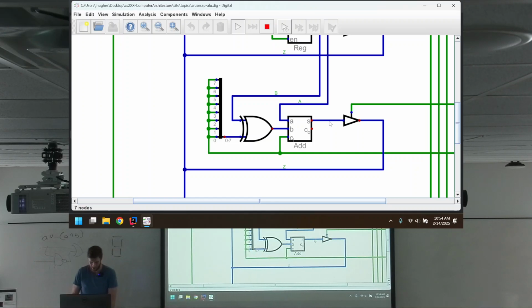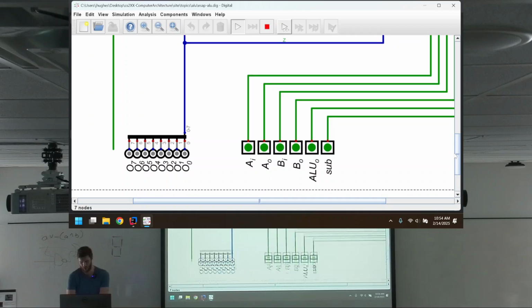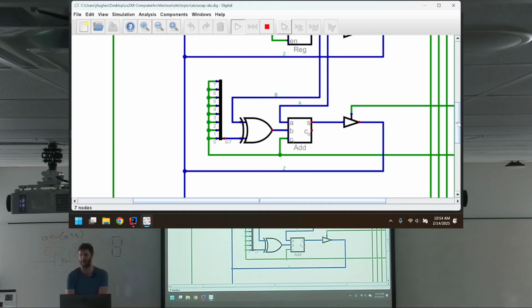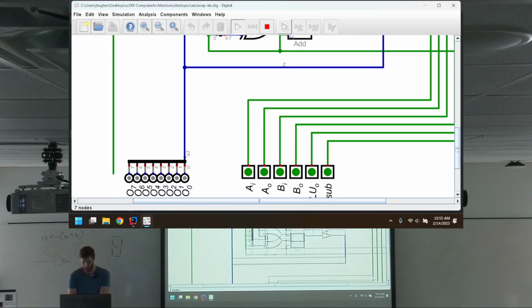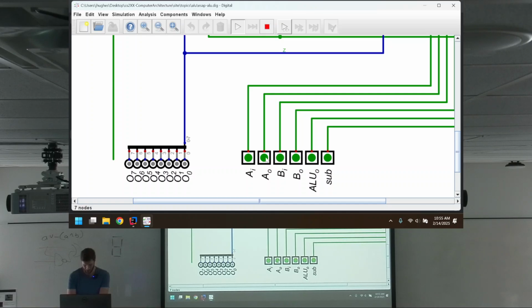Cool. All right, so now, what do I want to do? Well, we clearly see that A and B are 10 and 11 respectively. But for the fun of it, let's go down here and do A out. We see 10, right? Notice we didn't need a clock pulse for the output to go there.